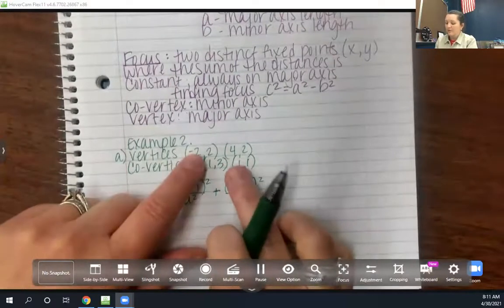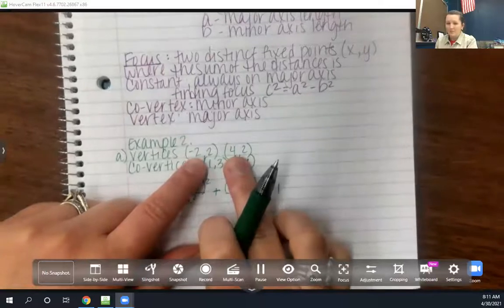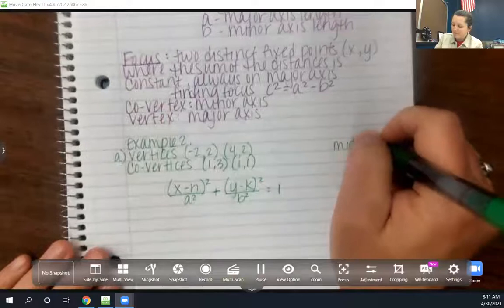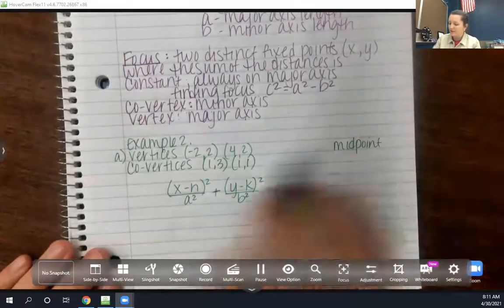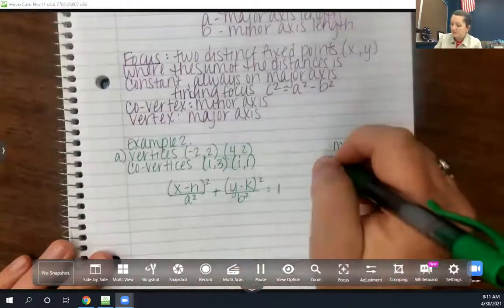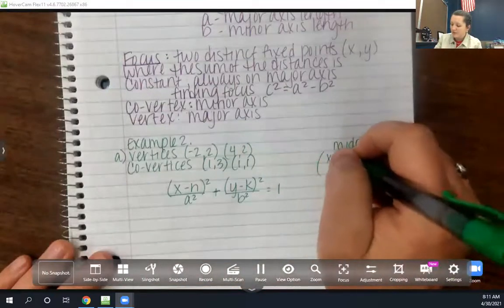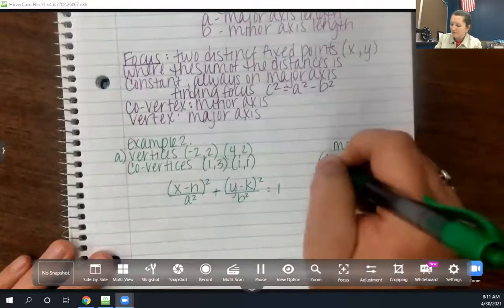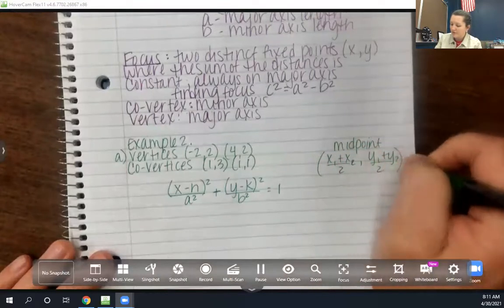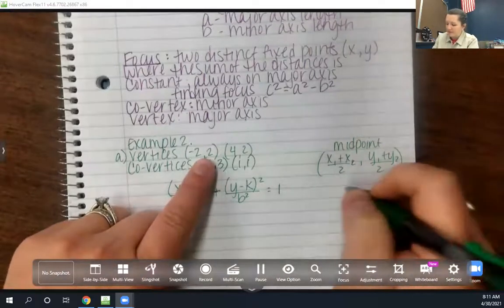So we could probably find our center using our midpoint formula, because we know it's going to be smack dab in the middle of our vertices, right? So if we use our midpoint formula, x1 plus x2 divided by 2, and y1 plus y2 divided by 2, let's figure this out.